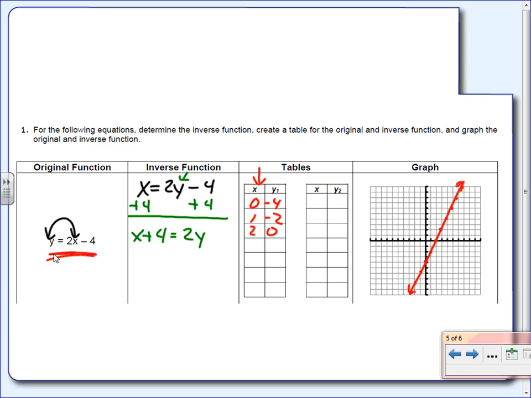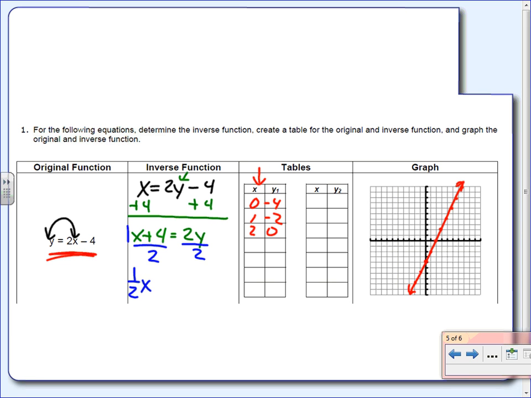The opposite of multiplying by 2 is dividing by 2. Now notice when I say divide by 2, we're dividing everything by 2. Now, there is a number in front of the x, you just can't see it. Anybody know the number in front of the x? 1. So what do you get when you take 1 and you divide it by 2? 0.5, which is the same thing as 1/2.